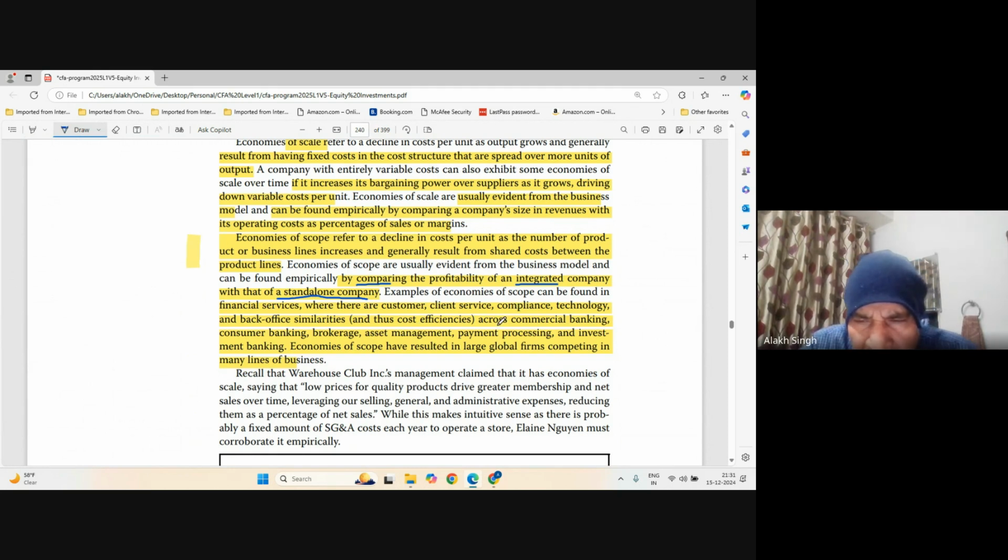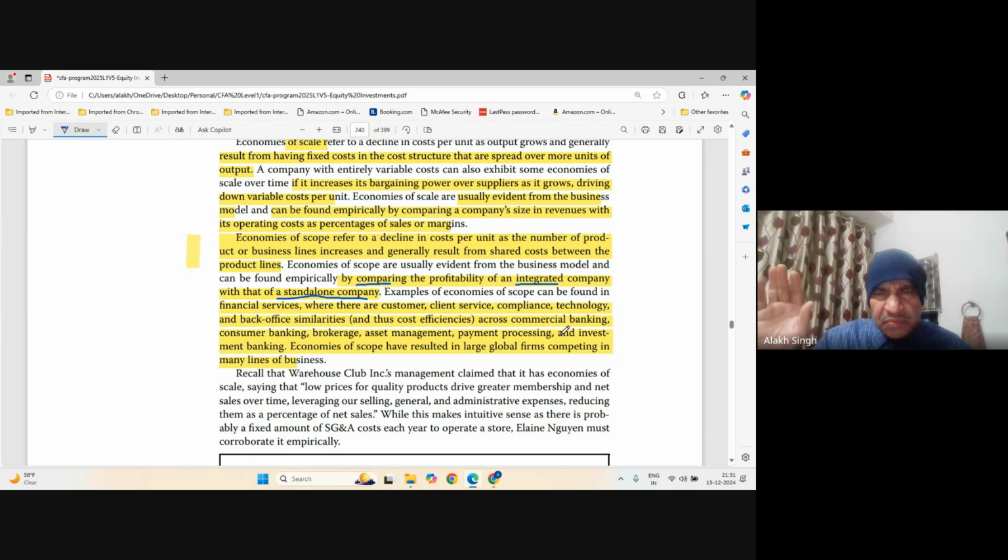About banks, there is an example. A commercial bank will have similar offices found in financial services, like customer client service, compliance, technology, and back office across commercial banking. So back office will be the same for commercial banking, consumer banking, brokerage, asset management, payment processing, and investment banking.